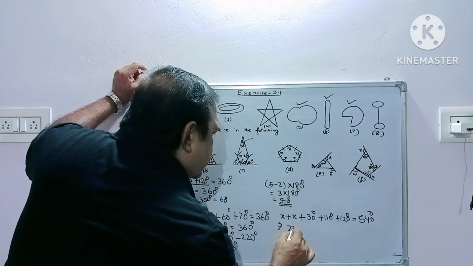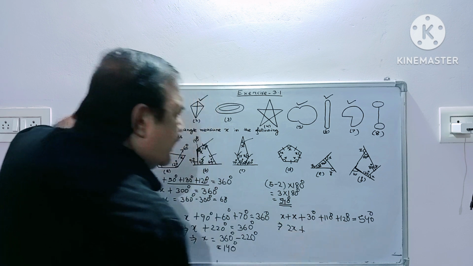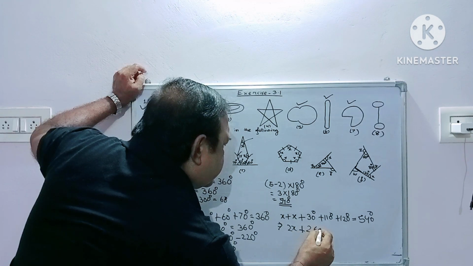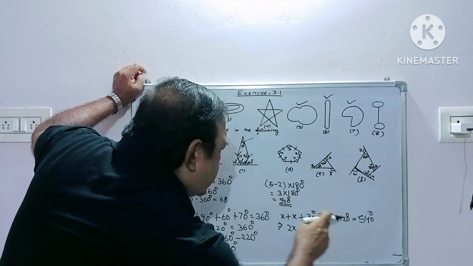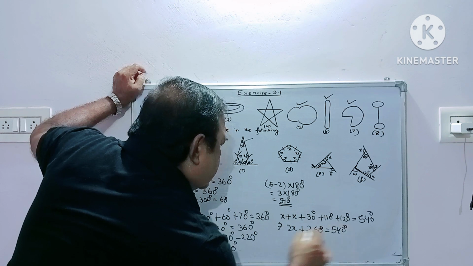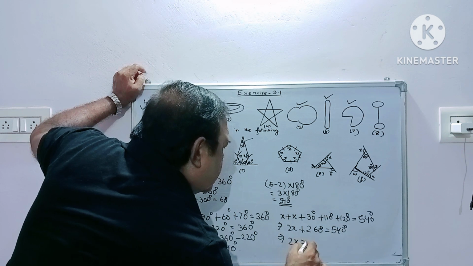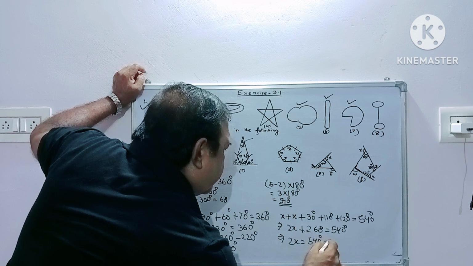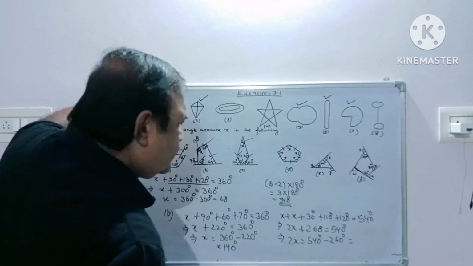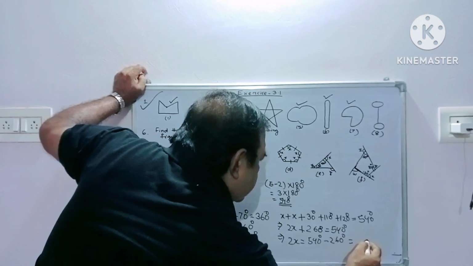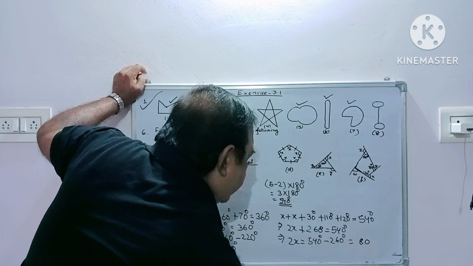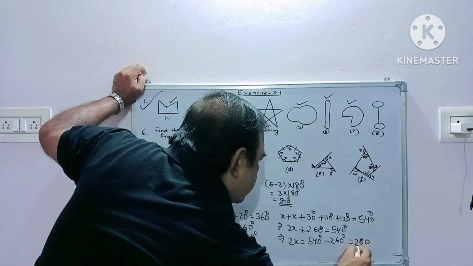That implies 2x plus 120 plus 110, that is 230, plus 30, 260 degrees, is equal to 540 degrees. That implies 2x is equal to 540 degrees minus 260 degrees, that is equal to 280 degrees.